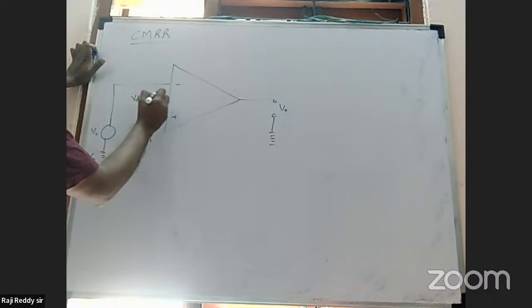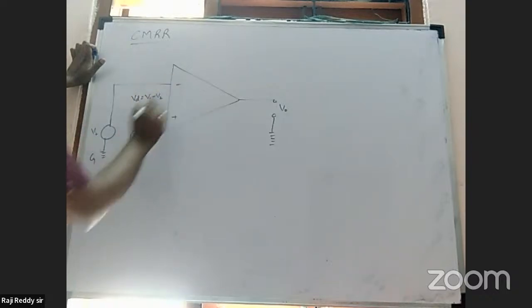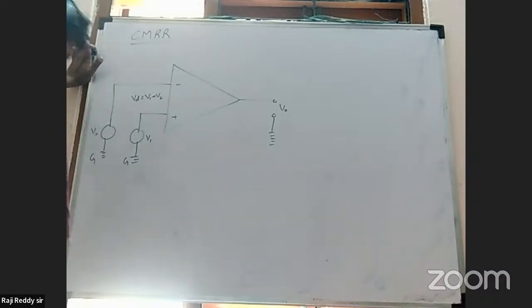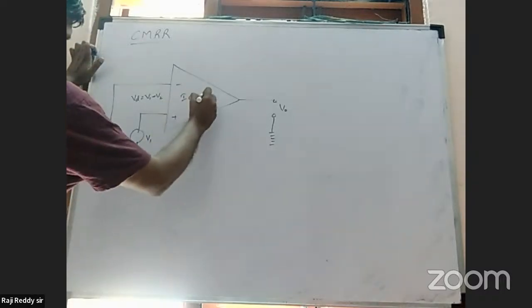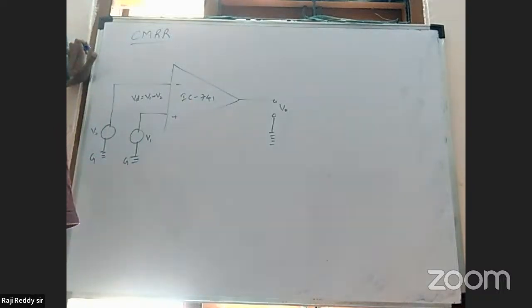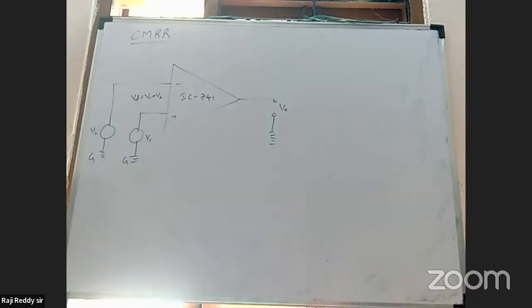This is the IC 741 operational amplifier. For that, the common voltage is nothing but the average voltage. The difference voltage is V1 minus V2 or V2 minus V1, whichever is higher.